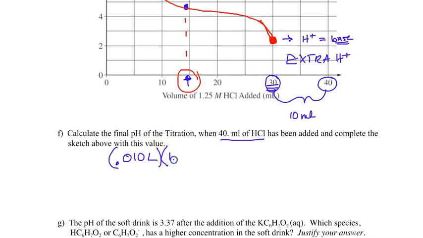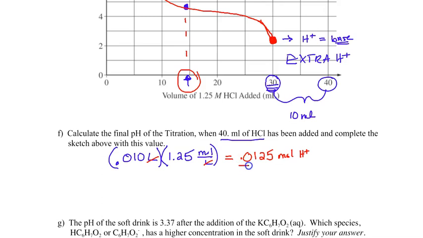They told us it was 1.25, and that's moles per liter. Liters go bye-bye, and I'm going to get total moles of my acid, or my H plus. So I get a value of 0.0125 moles of acid, or H plus.